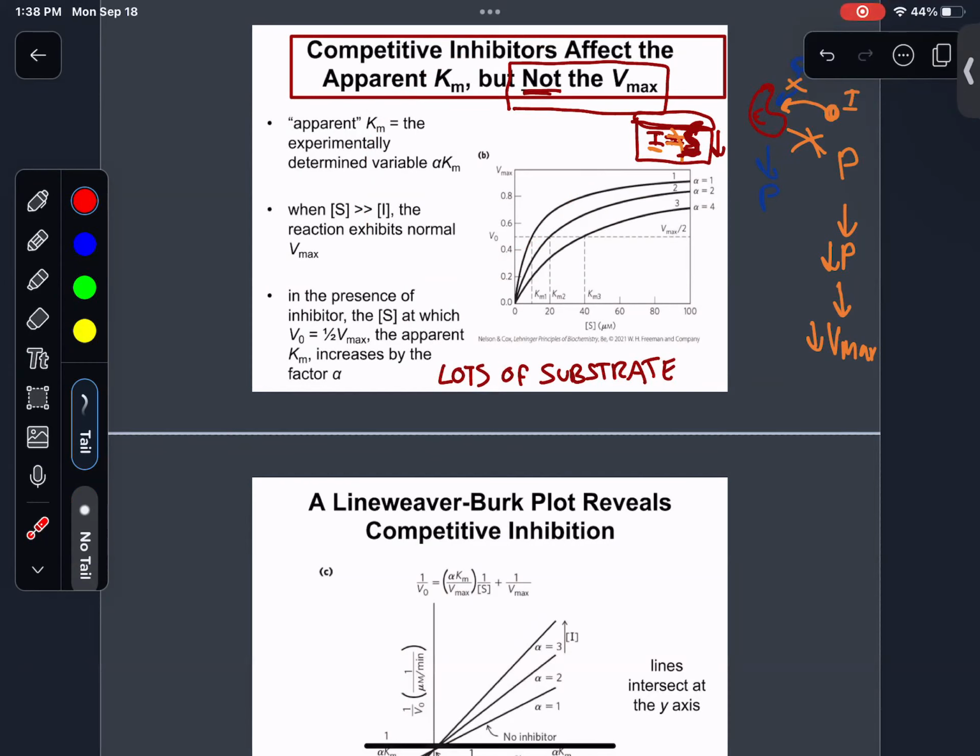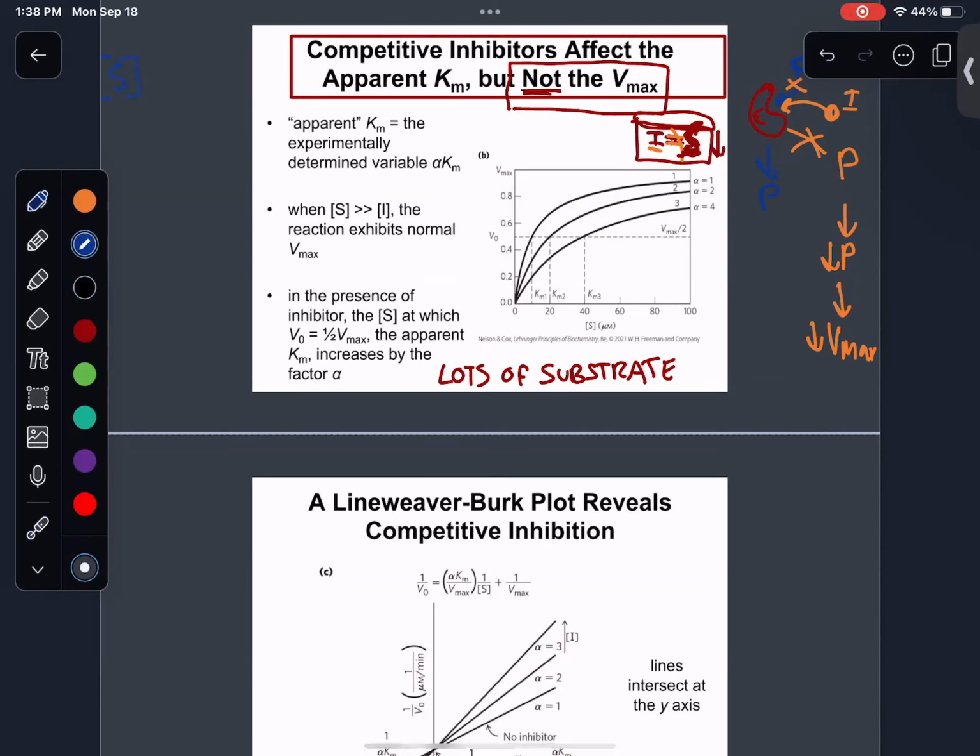The bottom line when it comes to competitive inhibitors is you're going to see a change in Km and no change in Vmax. So will you always have more substrate with a competitive inhibitor? No, not necessarily, right? Let's say I start here.